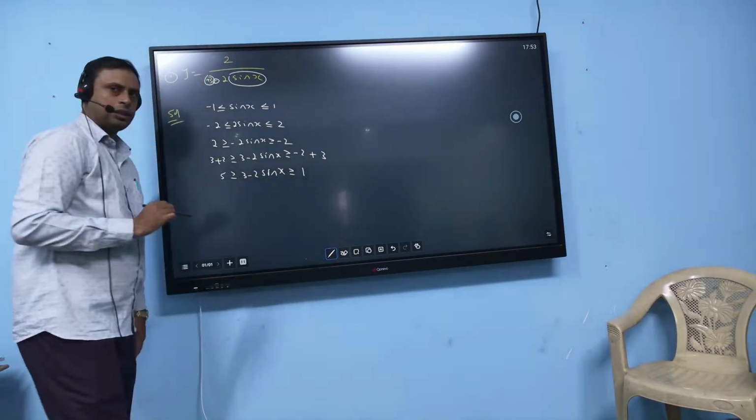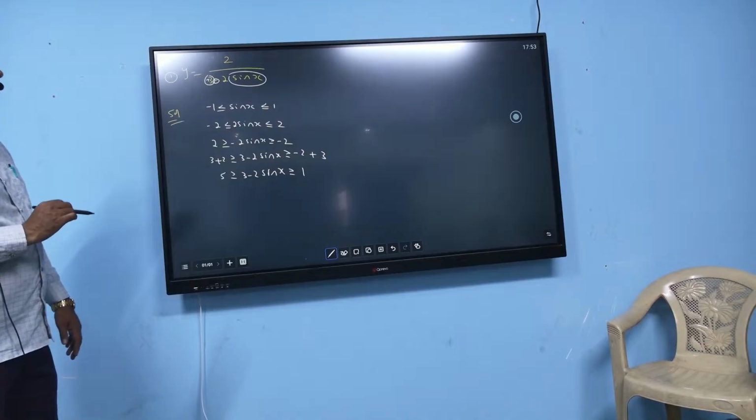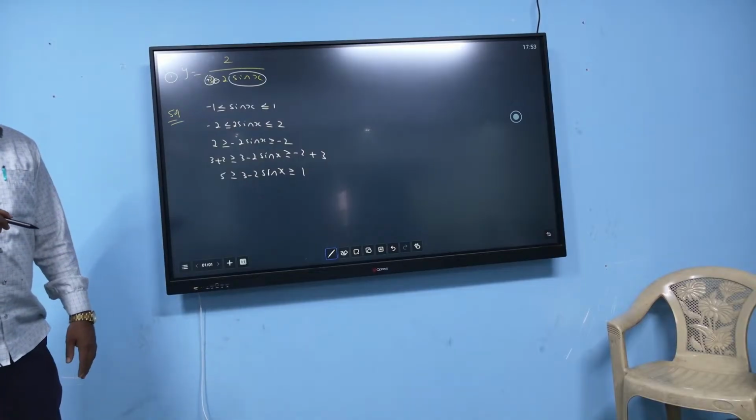Is this okay? Now it is in reciprocal. Correct?